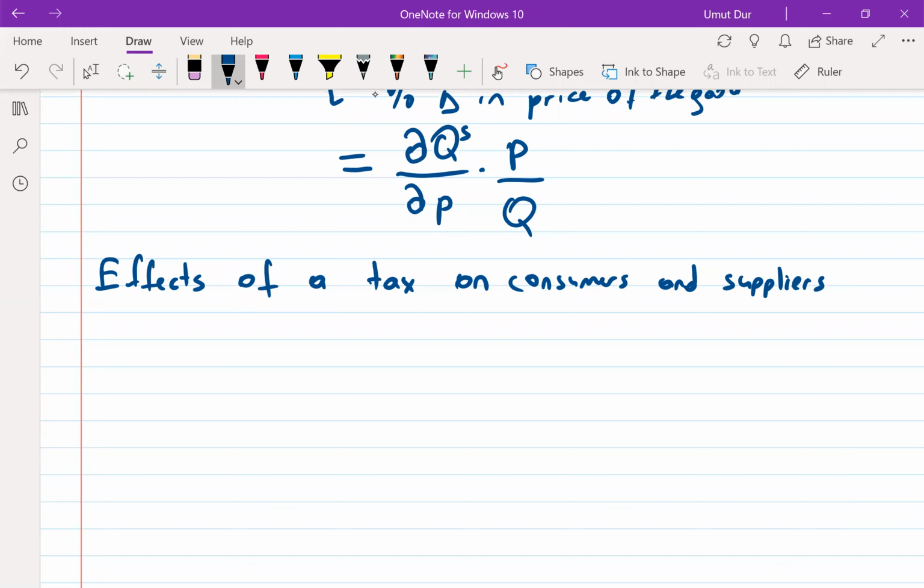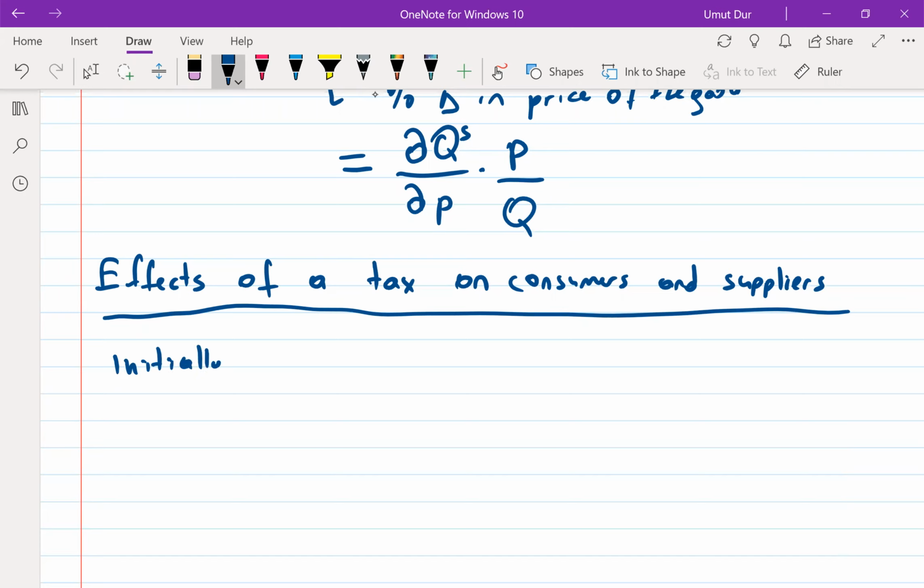Suppose that we are in an economy where, initially, there is no tax. I will denote the tax with this tau, so the initial tax is equal to 0.